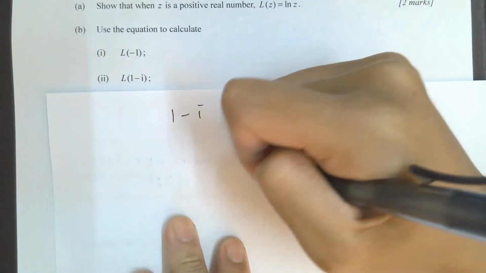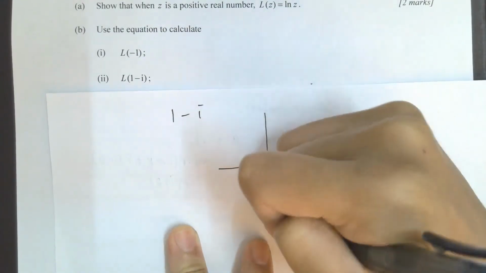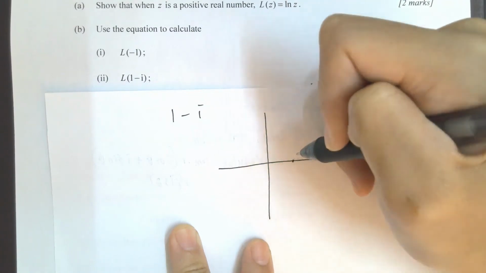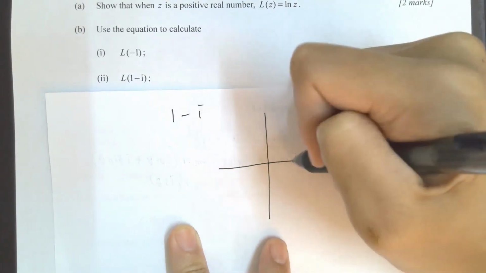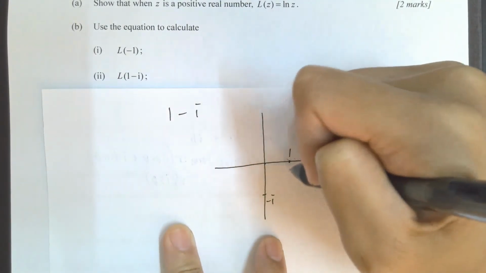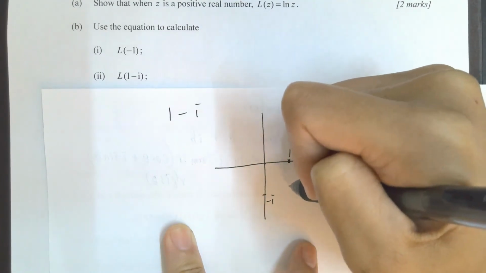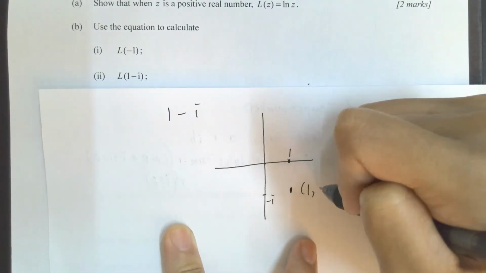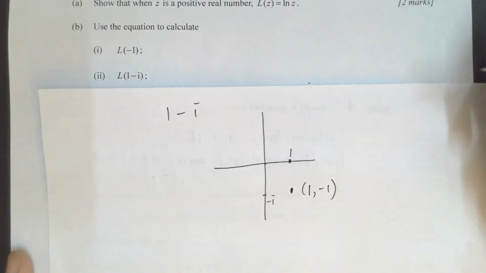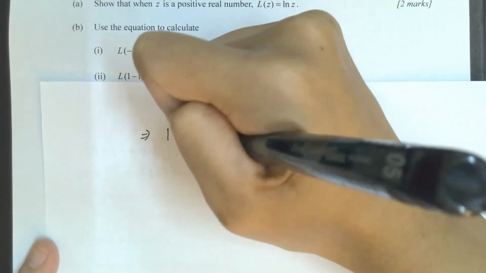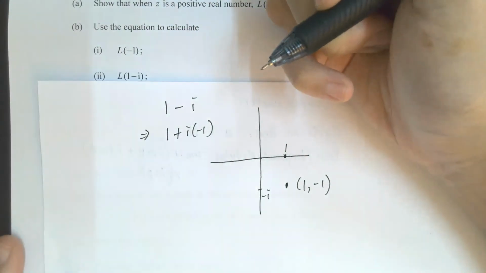We can identify this on our plane: 1 is here, and this is 1, this is negative I. So it's the complex number that is here, with real part 1 and imaginary part -1.